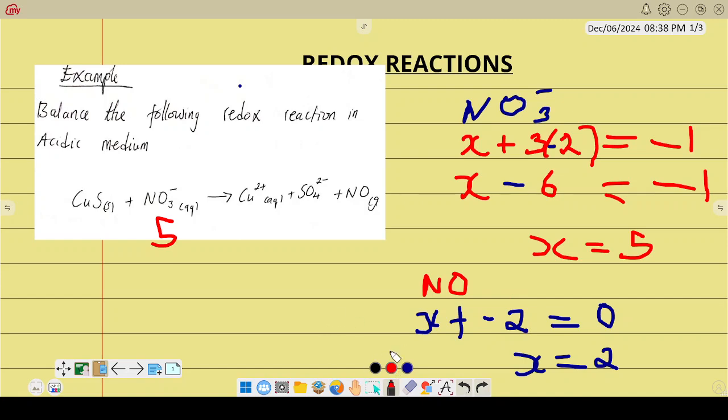So you're able to see that the oxidation number of nitrogen has reduced from 5 to 2. So this is reduction. This is the reduction half reaction, being reduced to that.